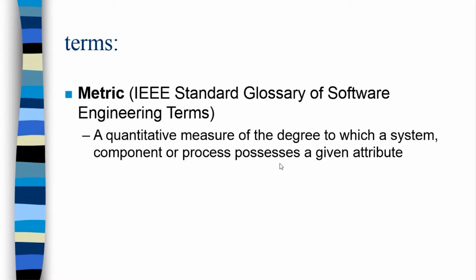The quantitative expression of that attribute's output is known as the measure, and the act of measuring that particular thing is known as measurement. Like the defects found in component testing, that is your metric.